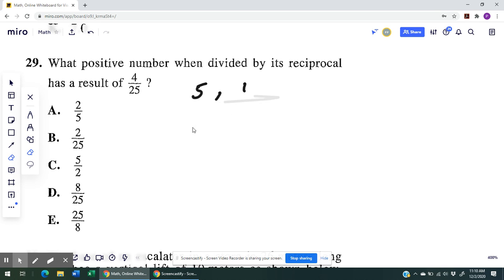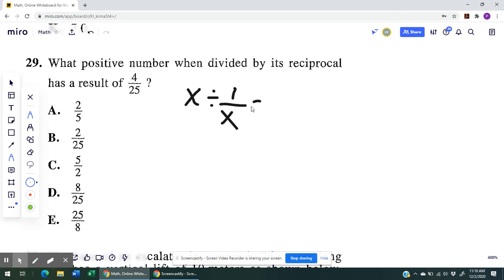Now, we read the problem. We need a number, a positive number. We do not know what that number is, so we're going to call it x. And we divide it by its reciprocal, which would be 1 over x, and we get a result.